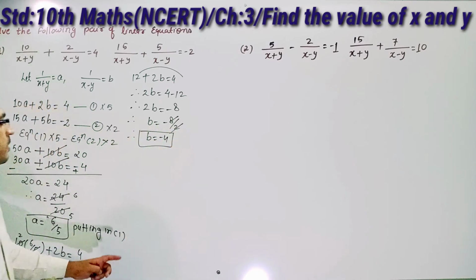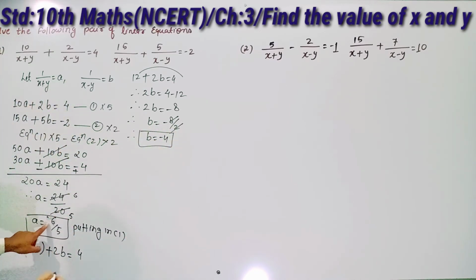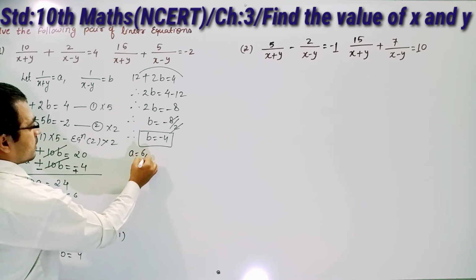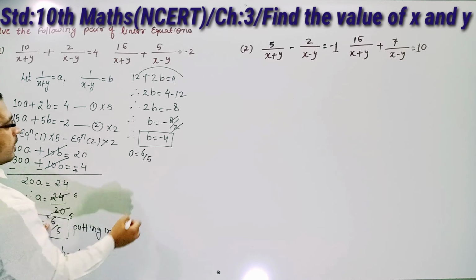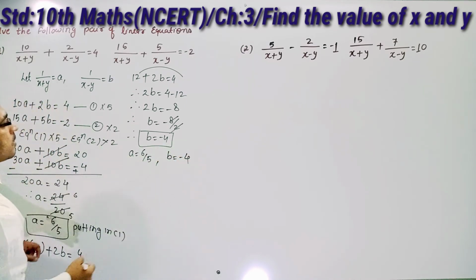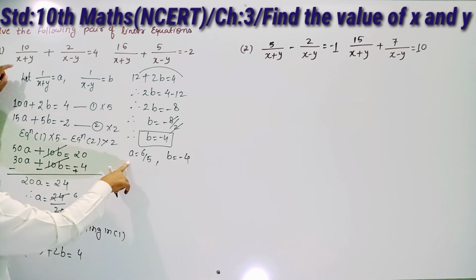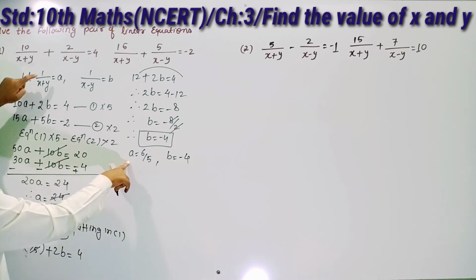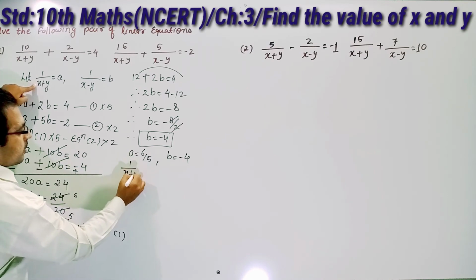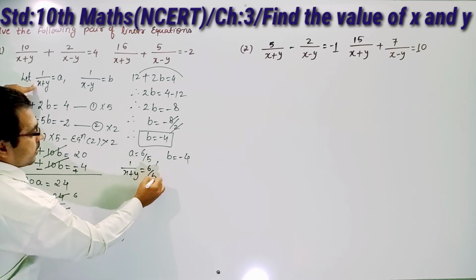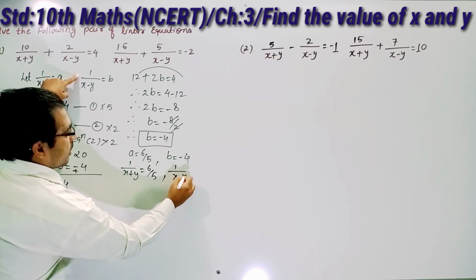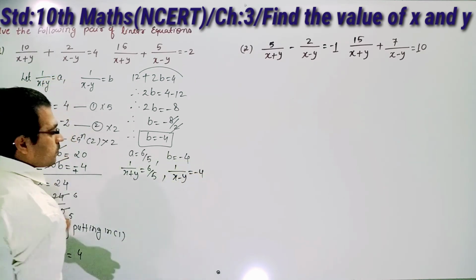Okay students, here we are getting the value of a is 6 by 5, and the value of b is minus 4. Okay, so we can substitute these things. The value of a is 1 upon x plus y. 1 upon x plus y is equal to 6 by 5, and here 1 upon x minus y is equal to minus 4.